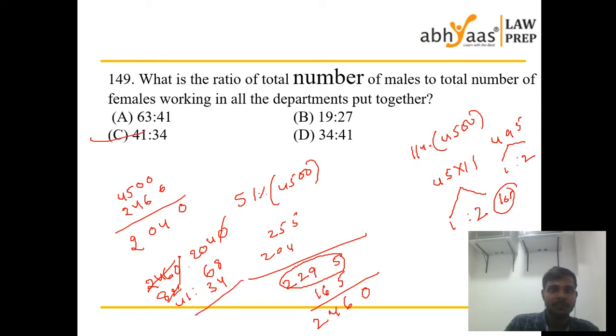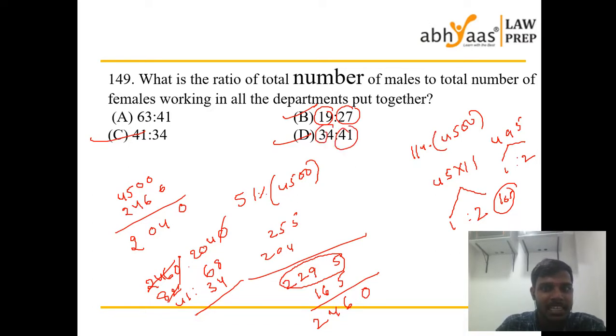We have to be careful whether he is asking male to female or female to male. The ratio of male to female is simply 41 to 34. If I were in an exam with only 10 seconds and had to choose one option without solving, if you see option B and option D, the male to female ratio is given as 19:27 and 34:41.